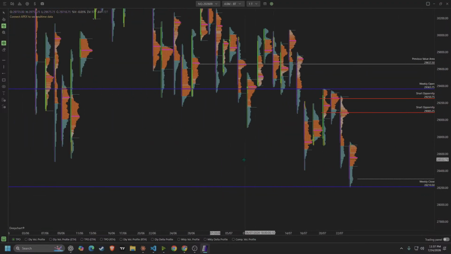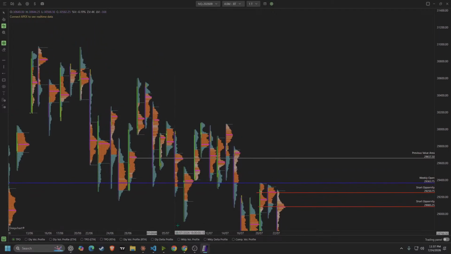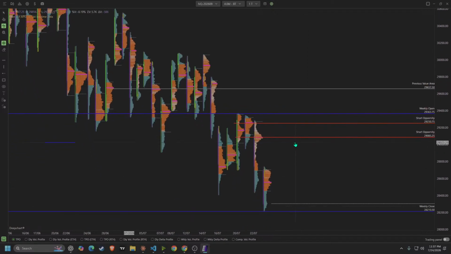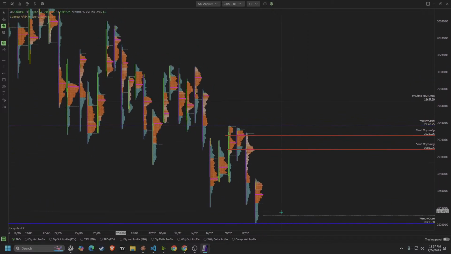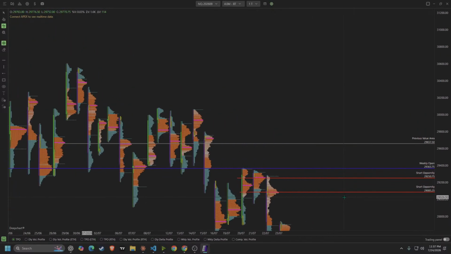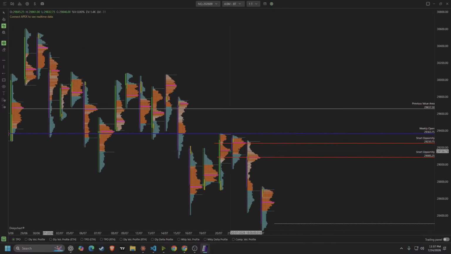Okay, so let's draw a line from current price up to the previous, sorry, from the previous value area. Do I need to merge these right here?